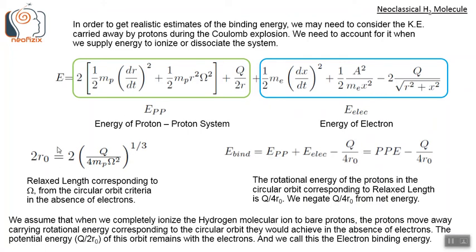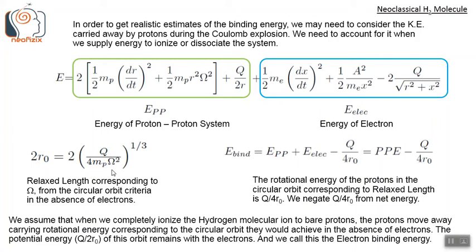And in this equation there is a big omega term, and associated with this big omega we can define a relaxed length. That is the separation length between the protons in the absence of electrons, when the protons have this angular velocity omega.